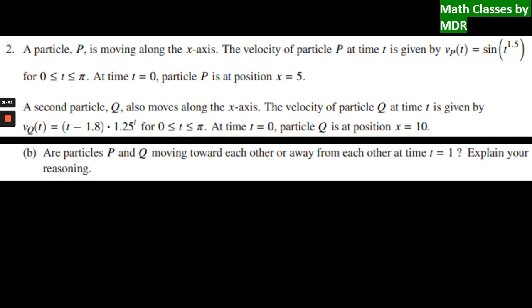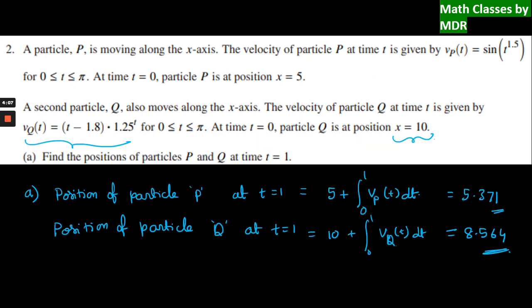Are particles P and Q moving toward each other or away from each other at time t = 1? Explain the reasoning. So here you can see the initial position of P is 5, and then at t = 1, the position is 5.371.